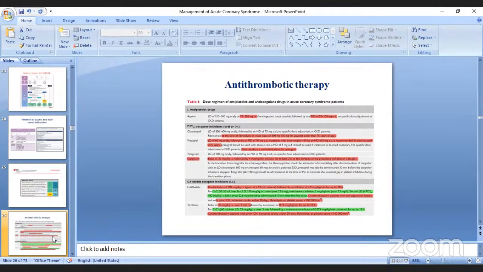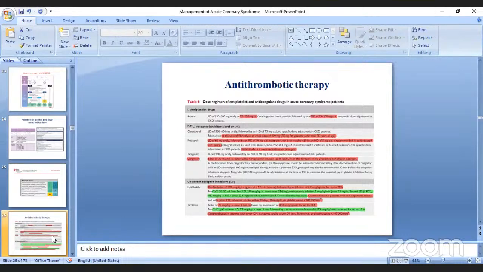So aspirin is a cyclooxygenase inhibitor, which inhibits the formation of thromboxane. The initial loading dose is 150 to 300 milligrams orally, followed by a maintenance dose of 75 to 100 milligrams orally. There are P2Y12 receptor inhibitors such as clopidogrel, prasugrel, ticagrelor, and cangrelor.